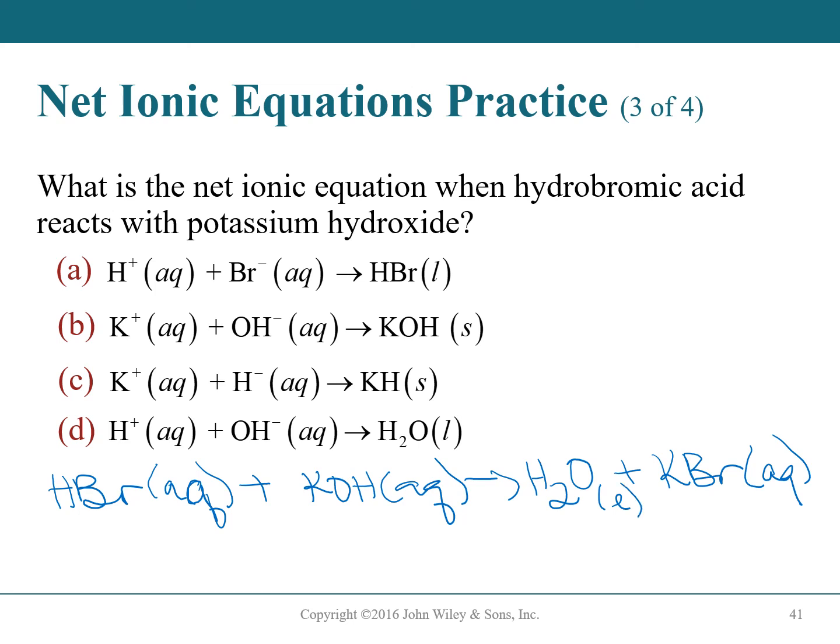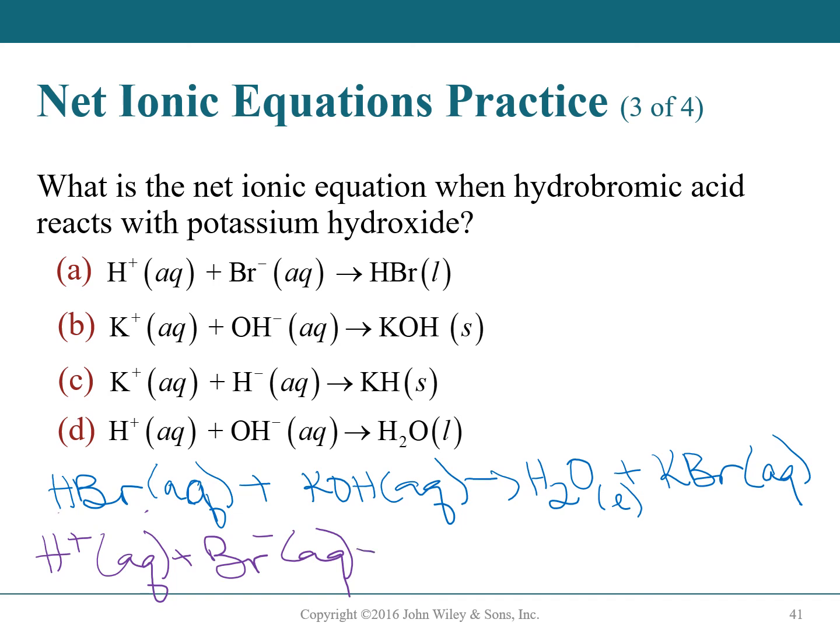Okay, so now if I do my total ionic equation, I'll put that in purple. Strong acid, H plus, Br minus.